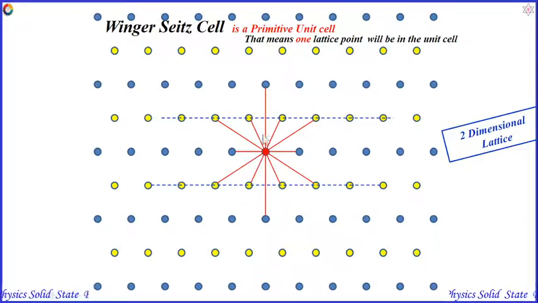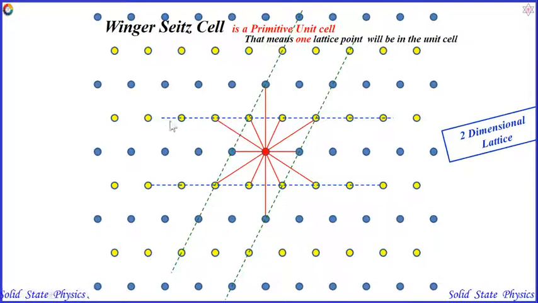If we consider this line and this line, the corresponding normals are this and this, which pass through the middle of the line. Okay, next we have to consider this line. See, this line and this line, the middle point is this one, the middle point is this one, and these two lines pass through this, which are called the normals. This green line is the normal for this line, which passes through the midpoint of this line.